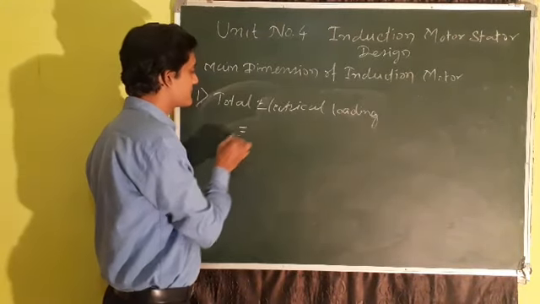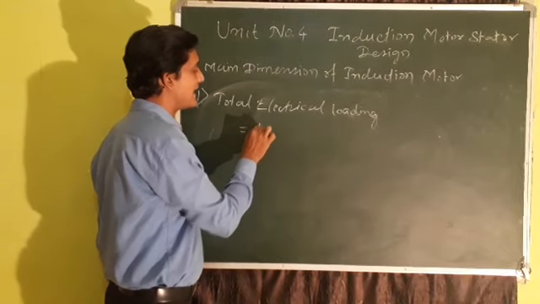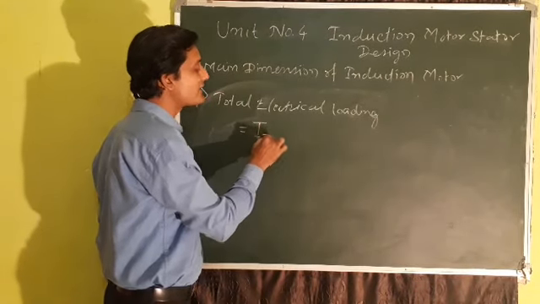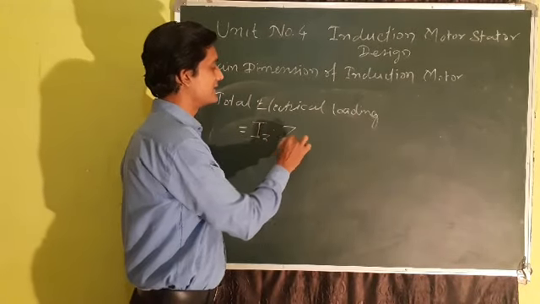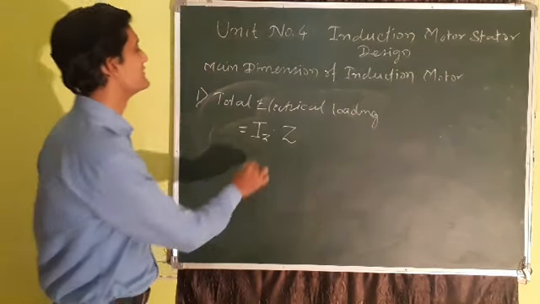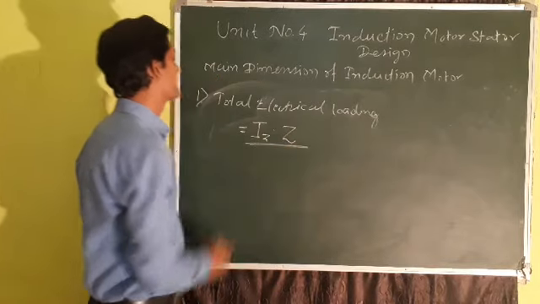It is represented as Iz, the total ampere conductor. Ampere means Iz is the total current and Z is the conductor. So Iz into Z is nothing but a total electrical loading.